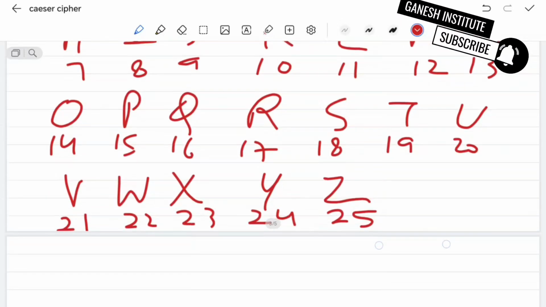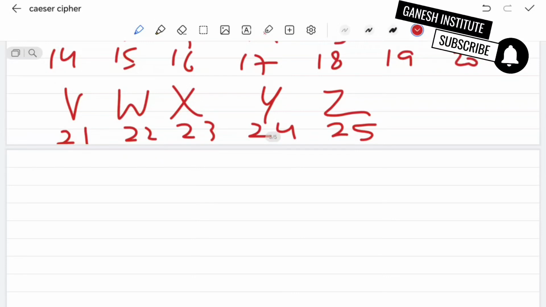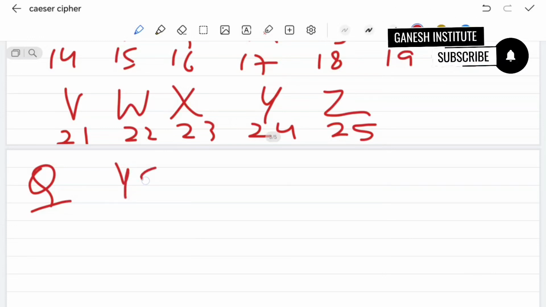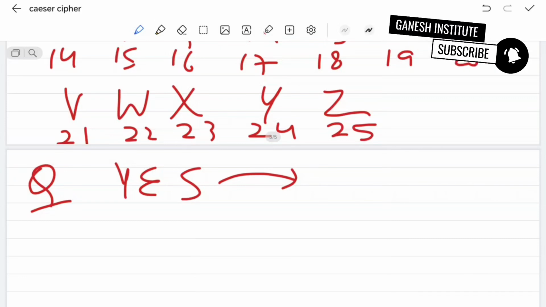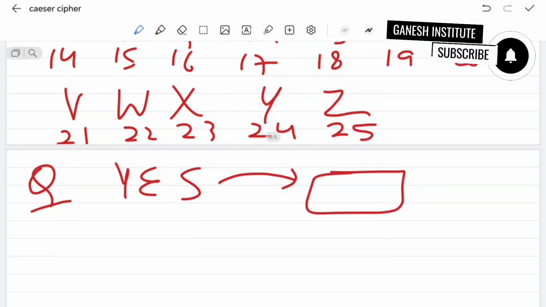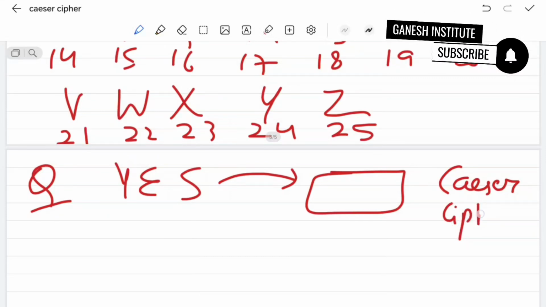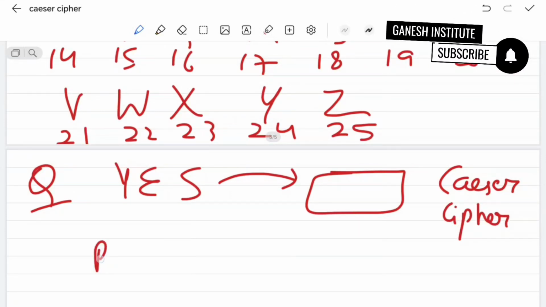Now consider your plain text. Let's say I need to encode this word, YES, into another code as per the Caesar cipher. So this is your plain text.